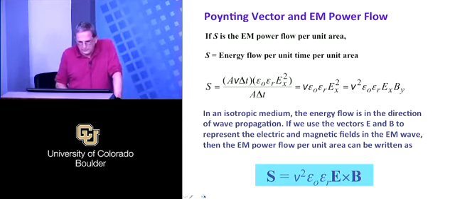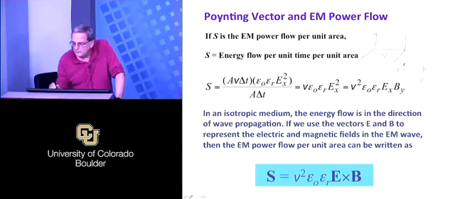If we want to turn that into a power flow, what we've got here is X and Y. And now if the wave is propagating along at a velocity v, then the distance z that gets propagated in delta t is something like v delta t.